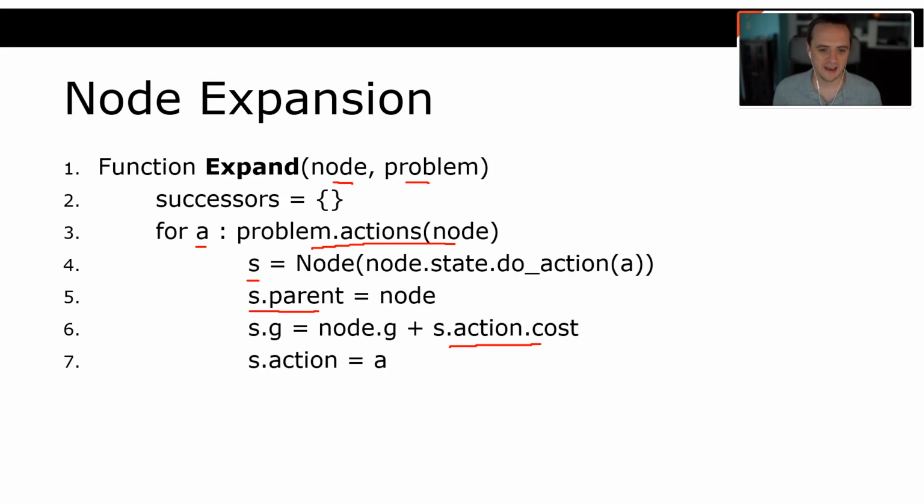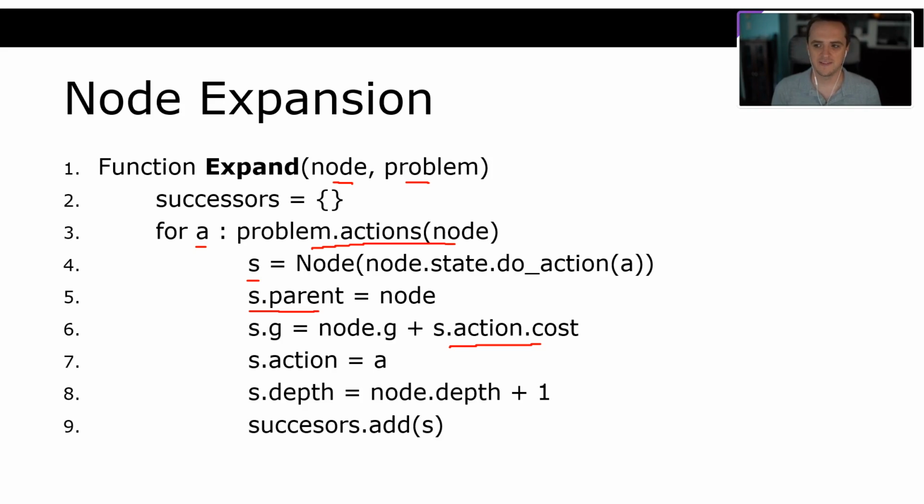And then we set the action of the node equal to A, because that was the action that generated this. We set the depth of this node equal to the depth of the previous node plus 1. And then we add the successors to the set, okay, or to the collection. And then we return the successors. So this is really, really simple in concept. It's just when you write it down, it gets a little bit verbose, right?